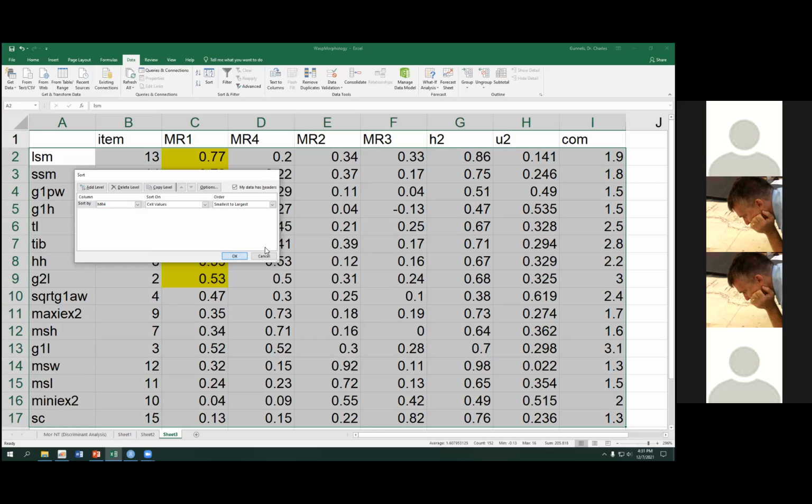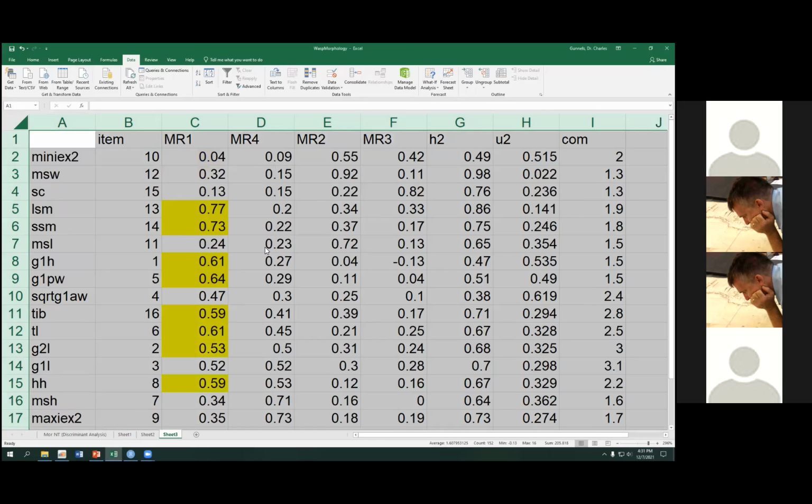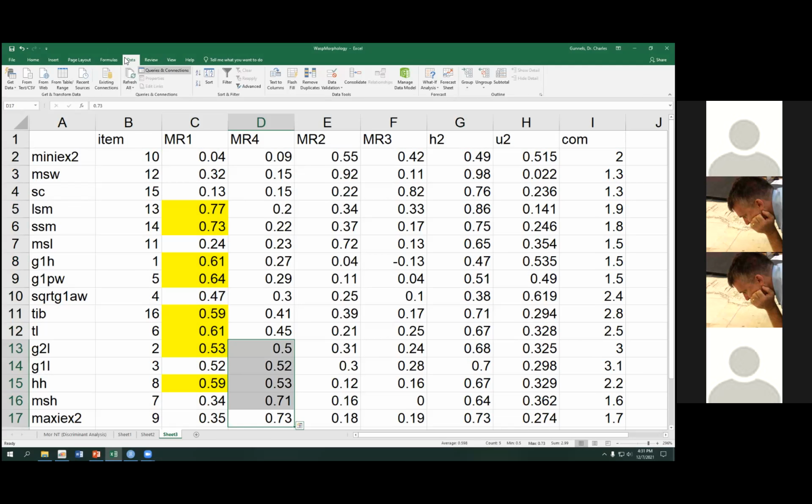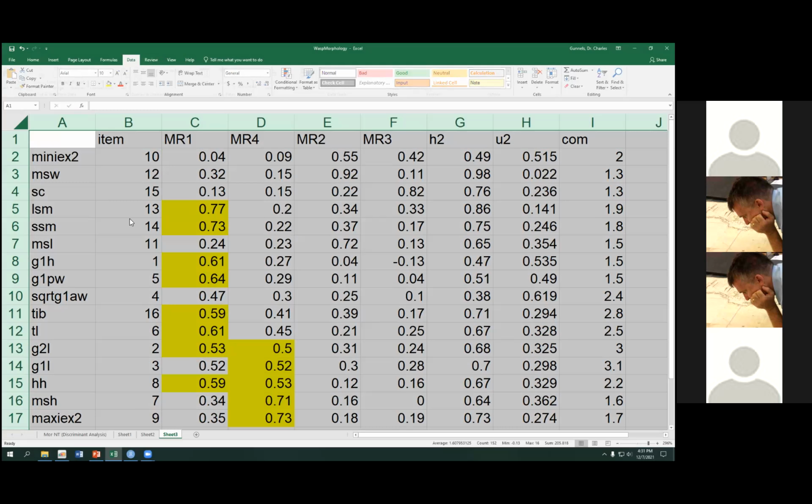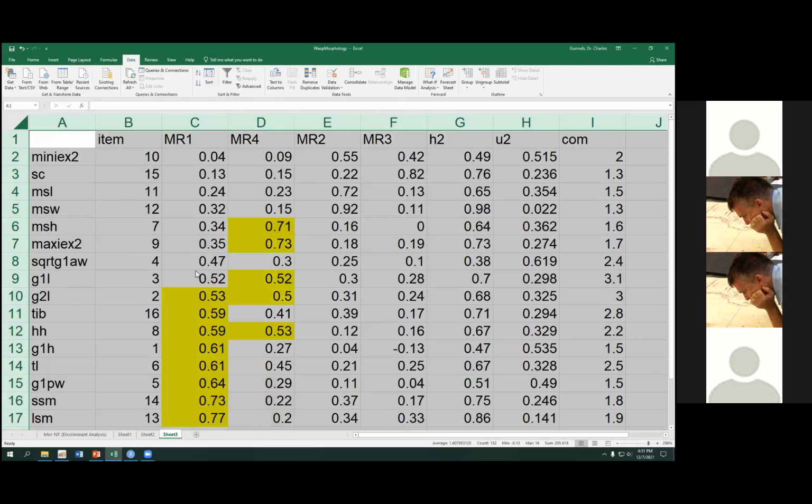And we can highlight our values that way. But I'll go back to the way we got the data from R. This is where we were. Questions about to this point?